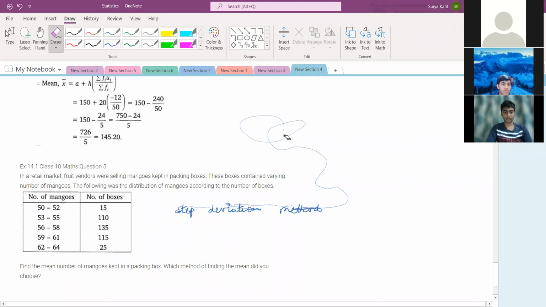Adarsh, can you solve this by the step deviation method?